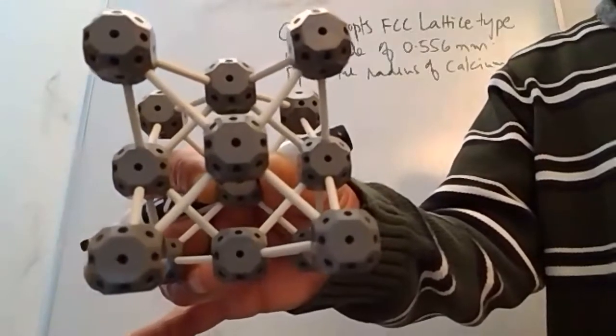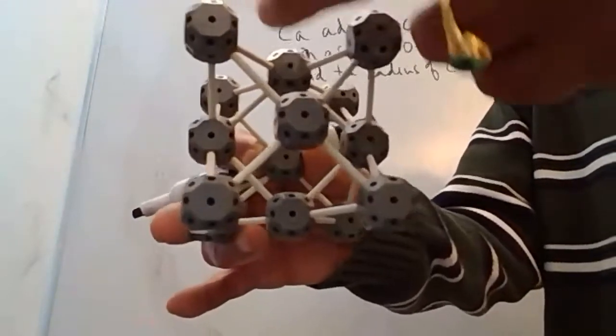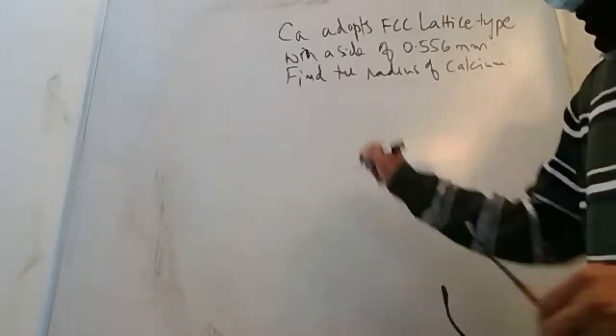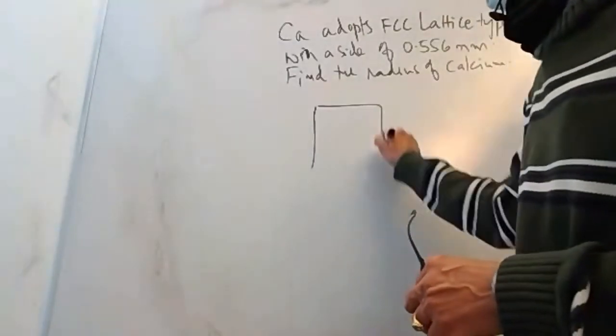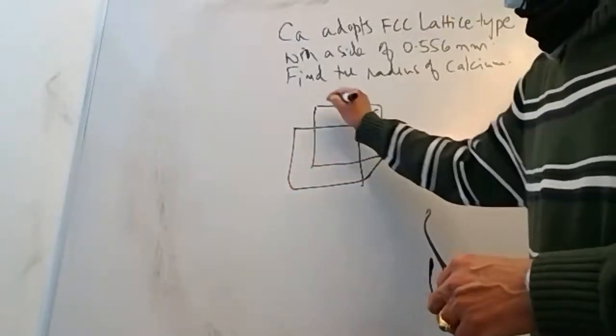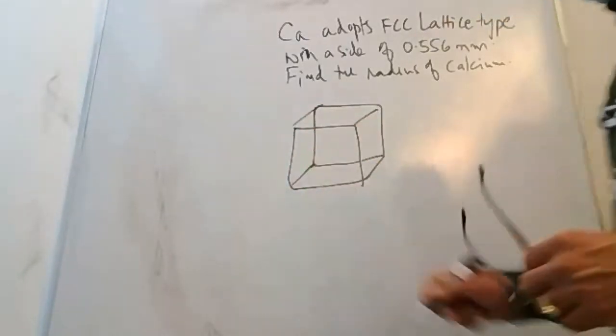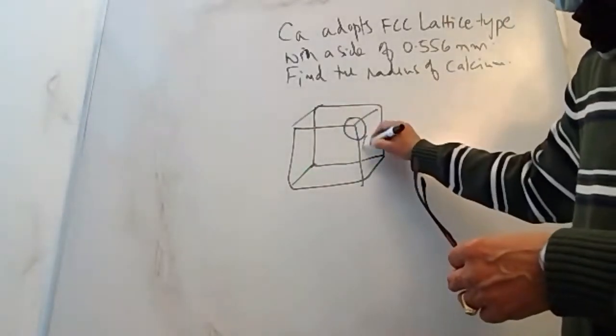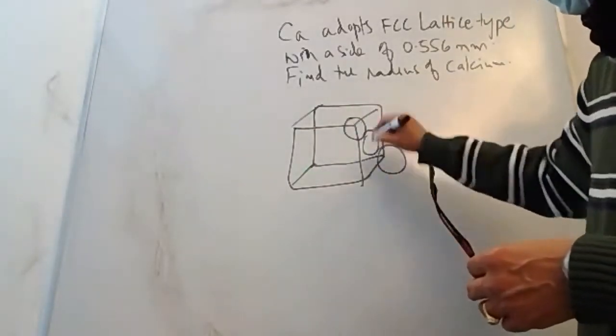In a face-centered cell, the atoms are touching along the face diagonal. So if you draw the face-centered cell, for clarity I will only show one face. You have an atom at the corner, an atom at the center of the face, and an atom at the corner.